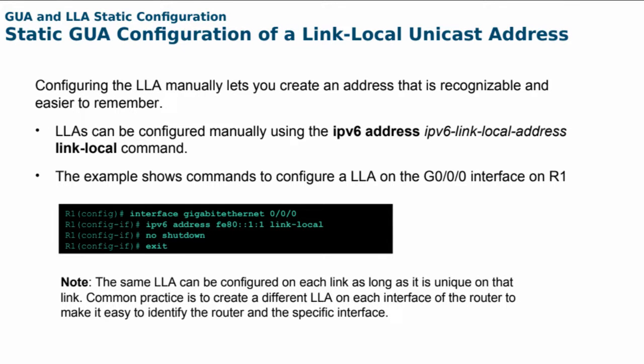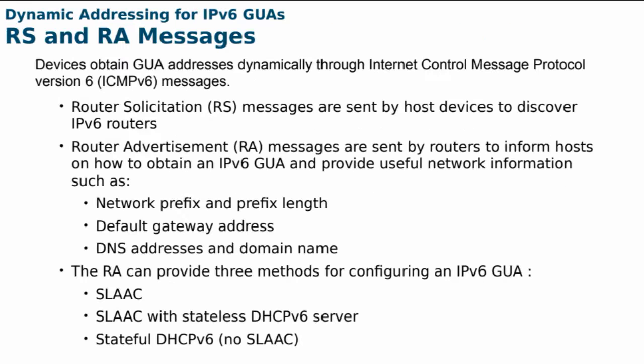And no shutdown. The same LLA can be configured on each link as long as it is unique on that link. Common practice is to create a different LLA on each interface of the router to make it easy to identify, obvious. Otherwise, we get confused. How do I know which interface is this?